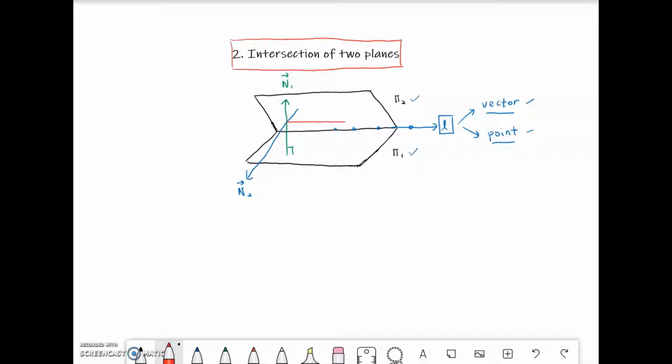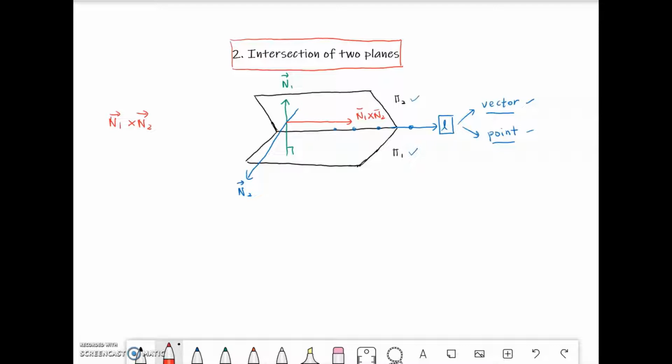the cross product of n1 cross n2, because we know that the cross product of two vectors is perpendicular to both vectors n1 and n2. To determine the direction of the cross product, we can use the right hand rule.